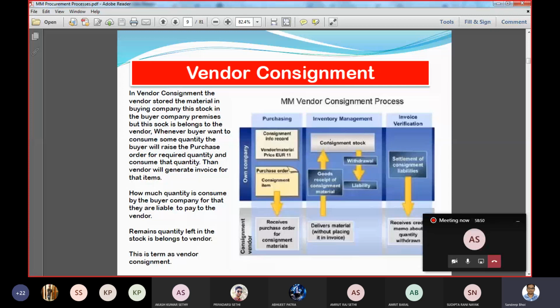Suppose there are 100 units of consignment stock in your organization from this vendor, and you have used 80 units from this consignment stock. How much amount of rupees do you have to pay?